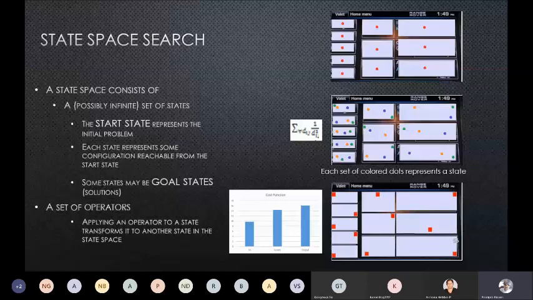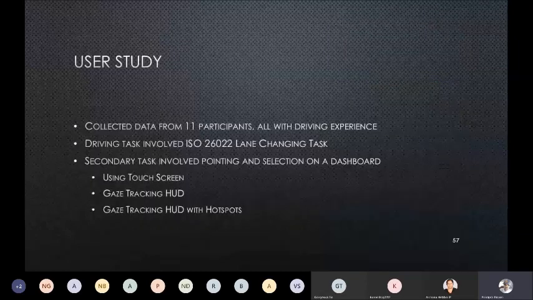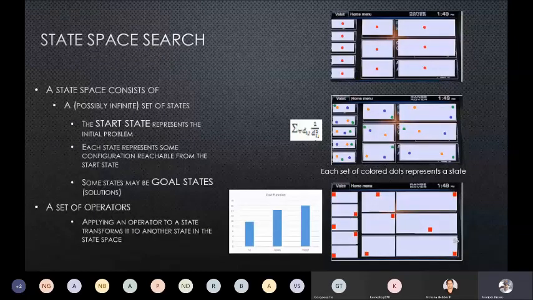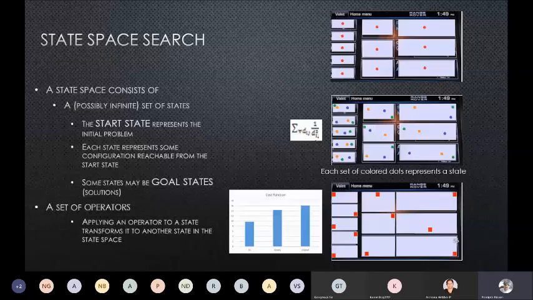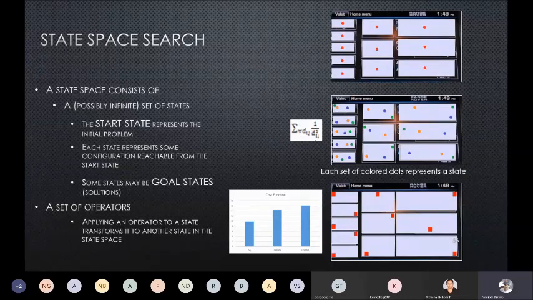And here we used an algorithm called simulated annealing. So what it does is that it starts with an initial state and then it randomly changes the position of one button and then it evaluates the overall cost function. If the cost function is less, then it accepts that as the new state and then carries on.